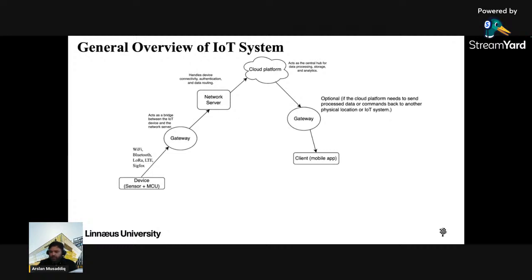Anyways, at the end, we have a client, which is the user interface. Client uses a mobile or web application to interact with the IoT system. So this architecture illustrates the path of data from physical device to user application. You can see here the flow of IoT. We have an IoT device, then it is sending to the gateway, which is sending to the network server, and then we have a cloud platform that includes a back end and maybe front end, and then we have a mobile application.